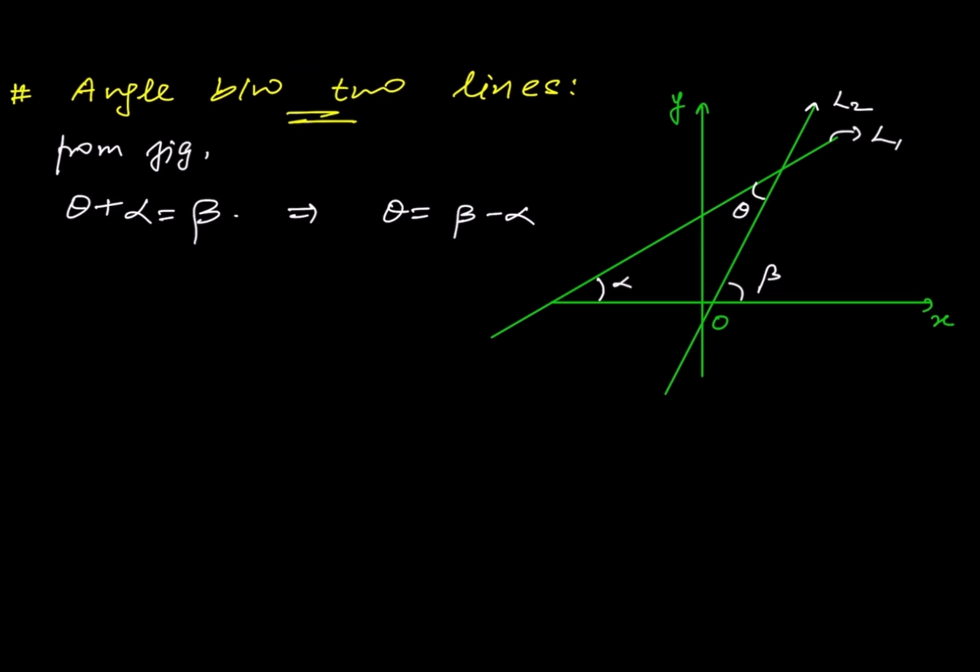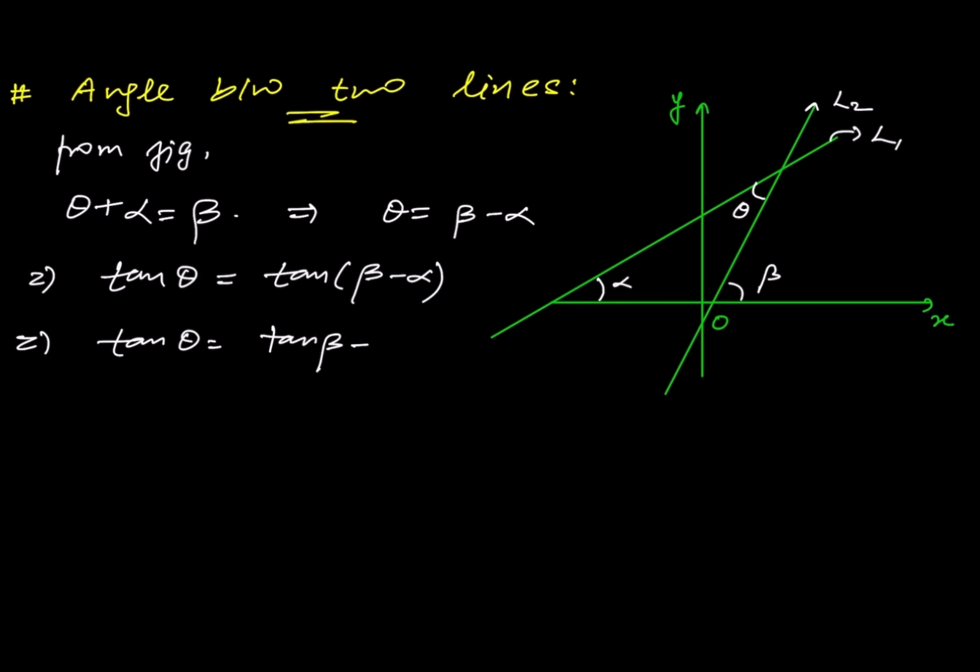Okay, if I take tan both sides, then it will become tan theta is equal to tan of beta minus alpha. On the right hand side I can expand by using tan a minus b. So this will become tan beta minus tan alpha upon 1 plus tan alpha into tan beta. Right?